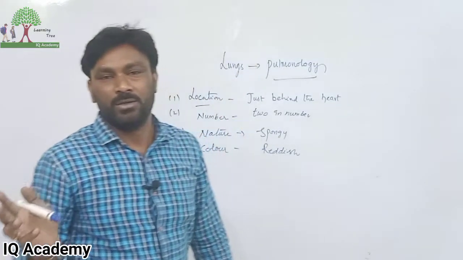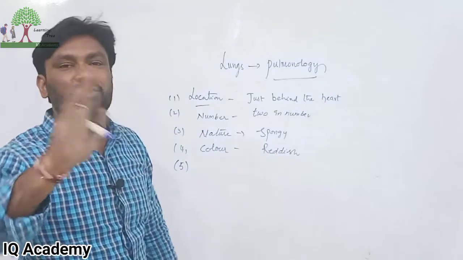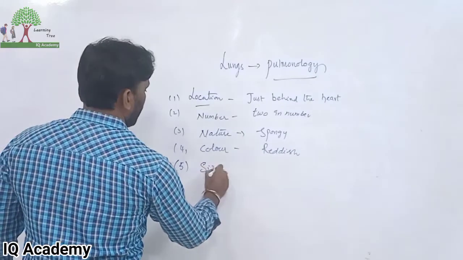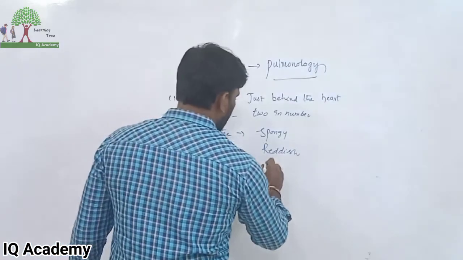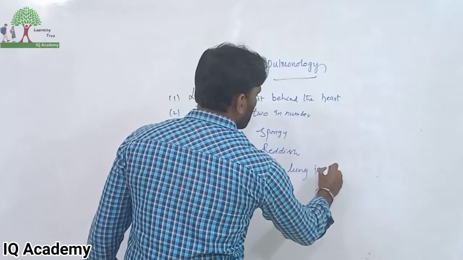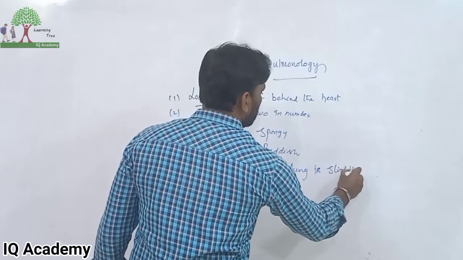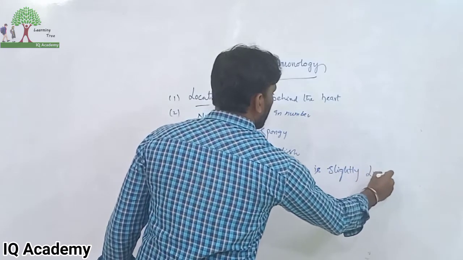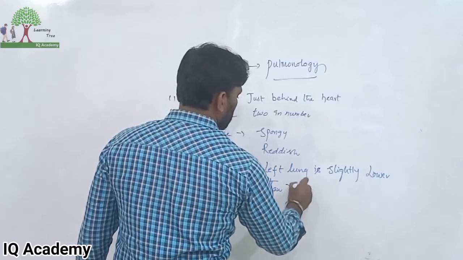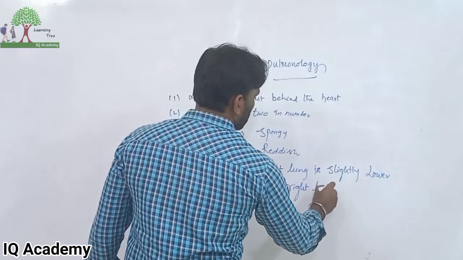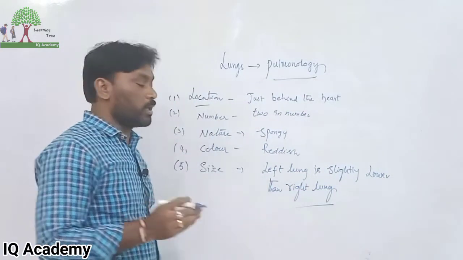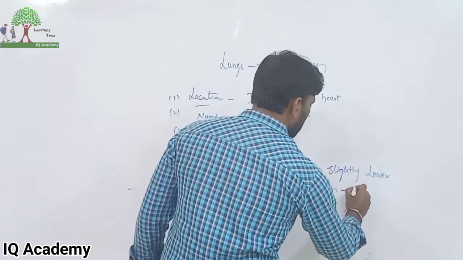Size: the left lung is slightly smaller than the right lung, in order to give space for the heart.